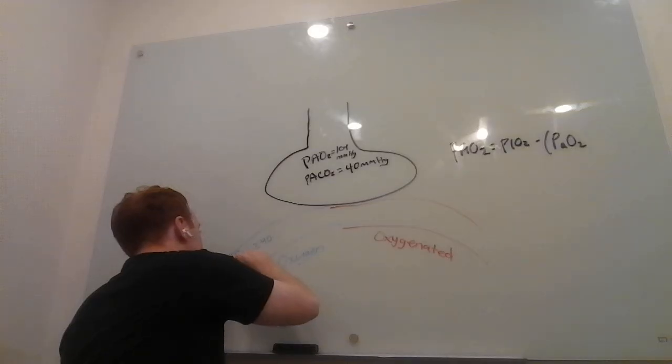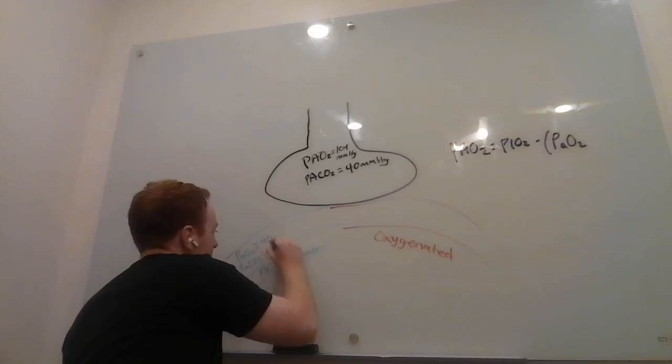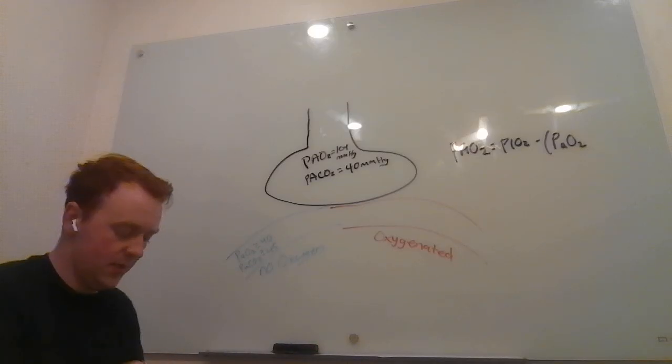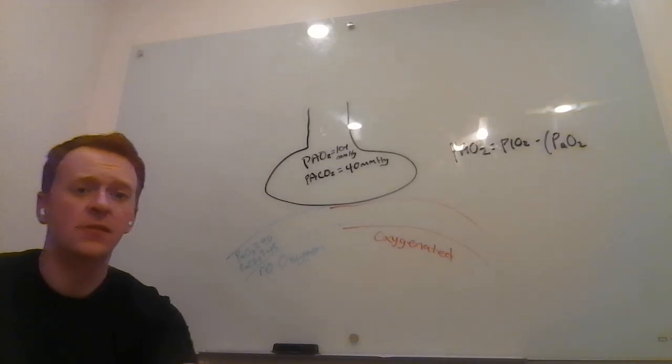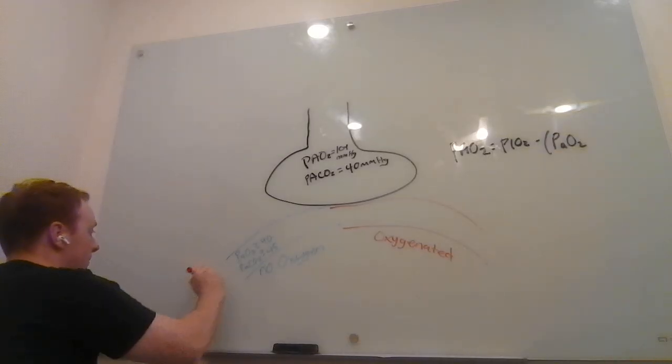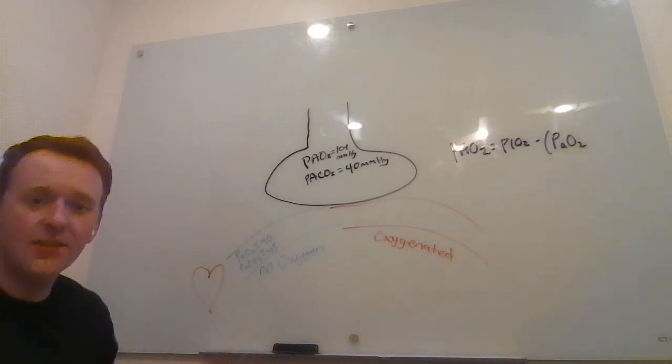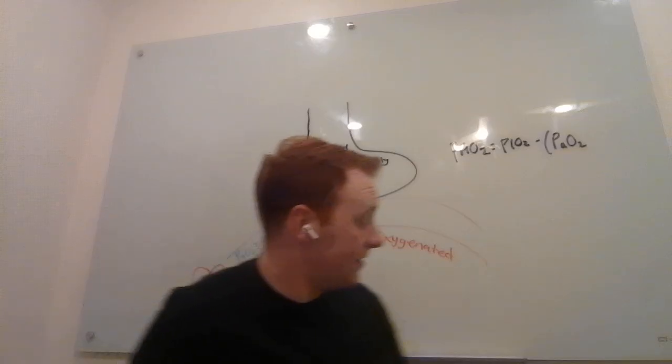There's also a P little a CO2 that's coming by, and that's about 45. This is coming from the heart, so maybe I can draw that too, so that you know where this is coming from. So it's coming from the heart to get oxygen to get sent back to the heart. Anyways, back to this equation.